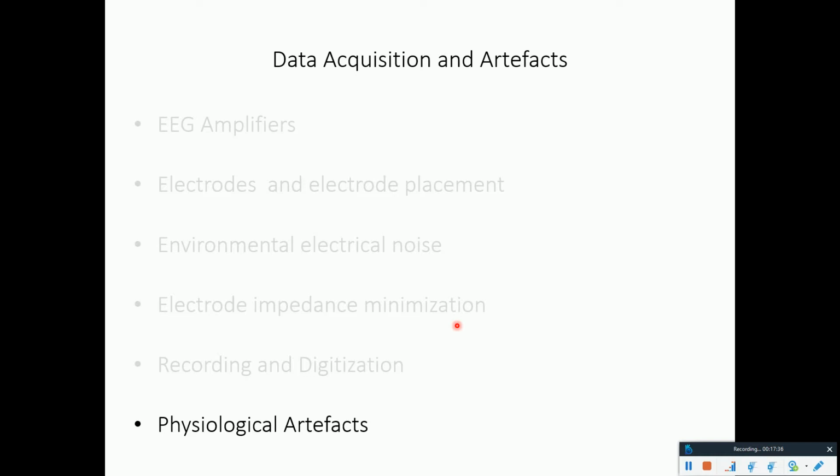So these were a little bit more nerdy recording and digitization questions. In a standard EEG experiment, they actually don't come up because the machine is just there and has its default settings, and you don't have to worry about it. But it's good to know about it and know a little bit about the background.